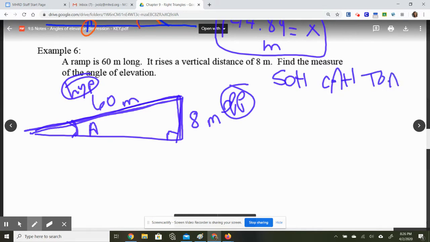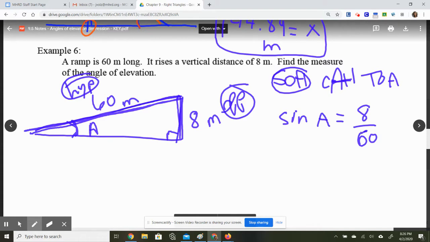And I hope that you will write it out as much as you can to memorize it as well. SOH, opposite hypotenuse. That's sine. So I'm going to use sine of the angle equals opposite over hypotenuse. So it's sine of A equals 8 over 60.